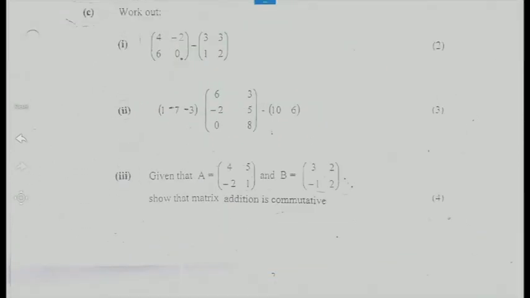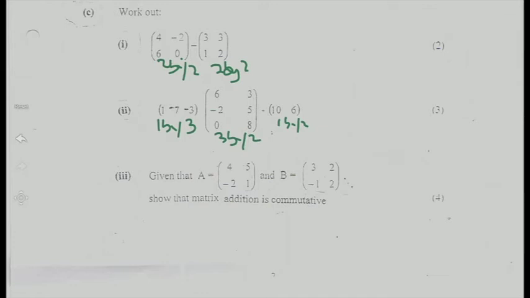Work out this matrix. This is a 2 by 2. Again, we have a 2 by 2. Here we have a 1 by 3. We have a 3 by 2. Here we have a 1 by 2.